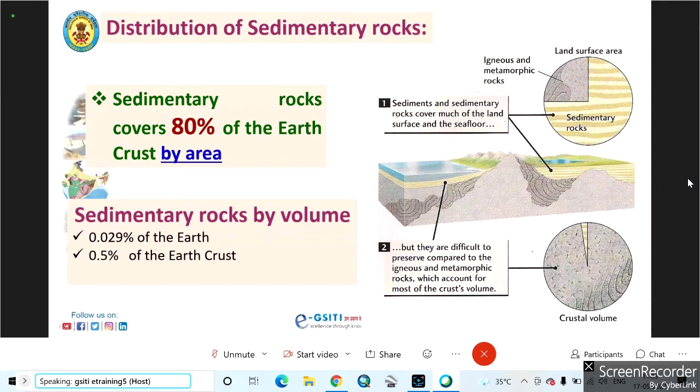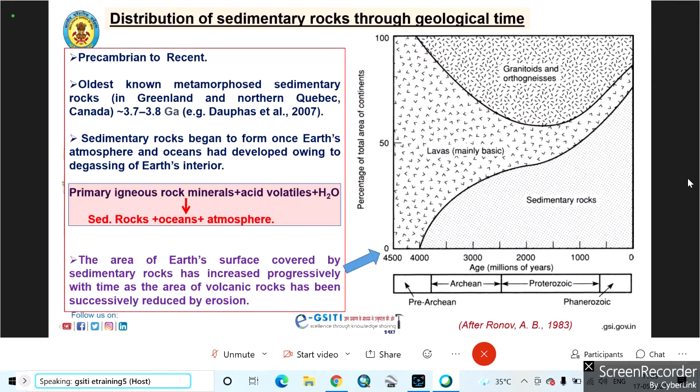Here you see the distribution of sedimentary rocks through the geological time scale, where we find that the age range of sedimentary rocks is from Precambrian to recent, and the oldest known metamorphosed sedimentary rocks have been dated at approximately 3.8 giga-annum. So this is the date of the oldest metamorphosed sedimentary rocks.